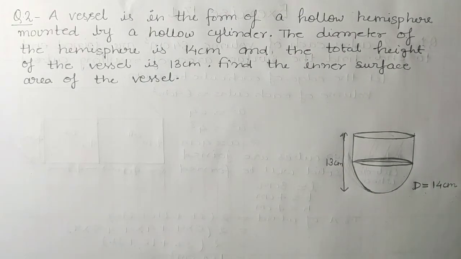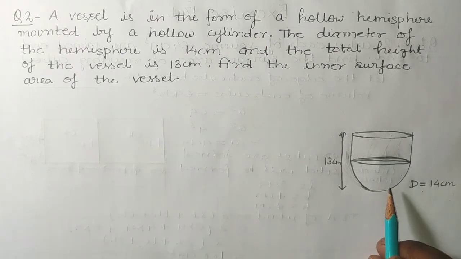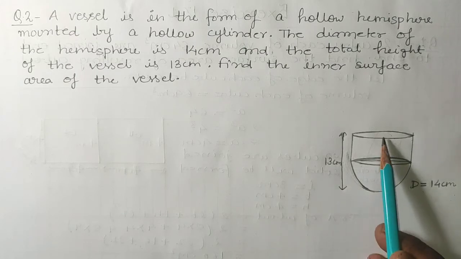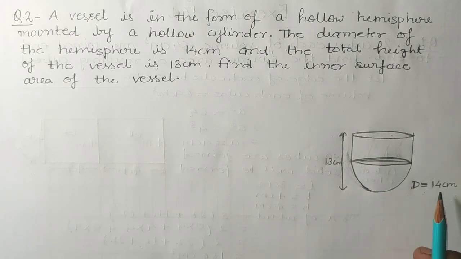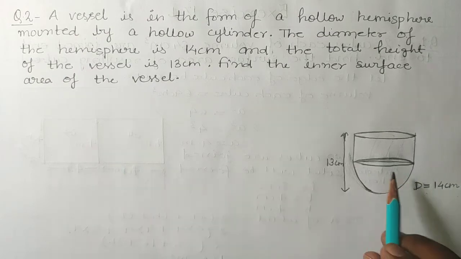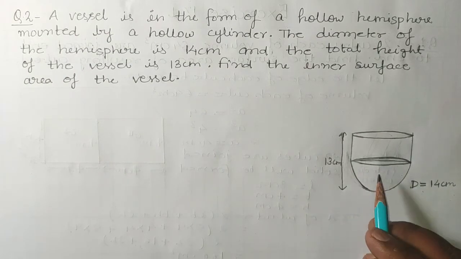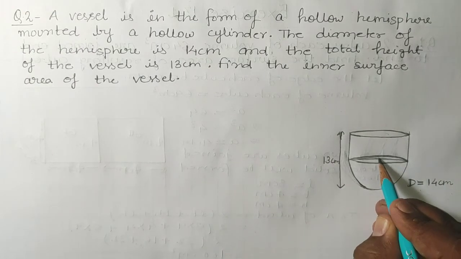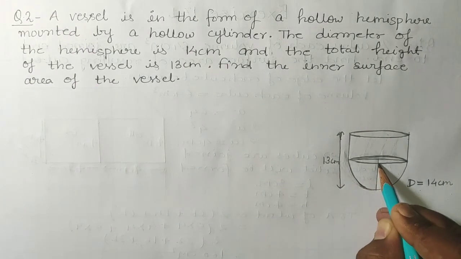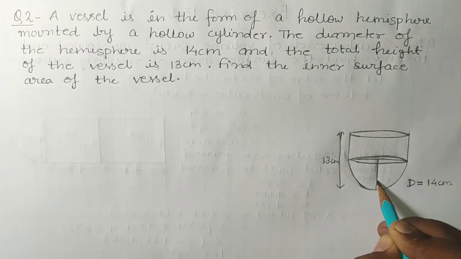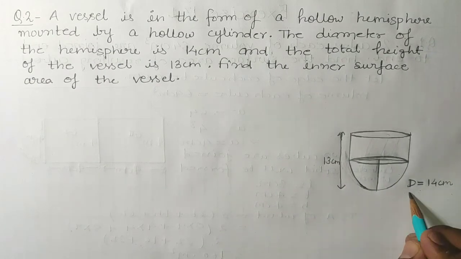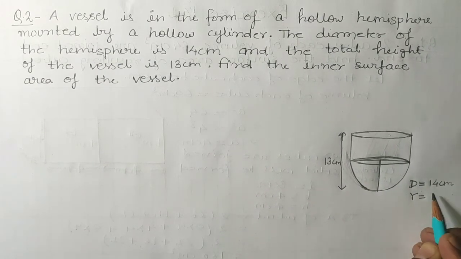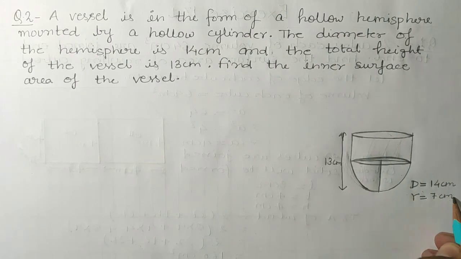So find the inner surface area of the vessel. Now students, from the figure you have to calculate what will be the height of this cylinder. Since the diameter of the hemisphere is 14, and it is circular everywhere, its radius will be 7 centimeter.